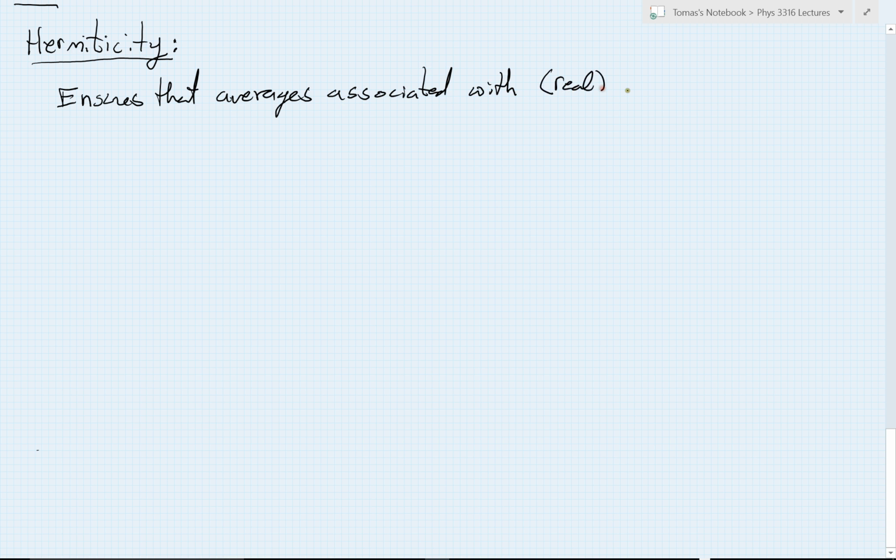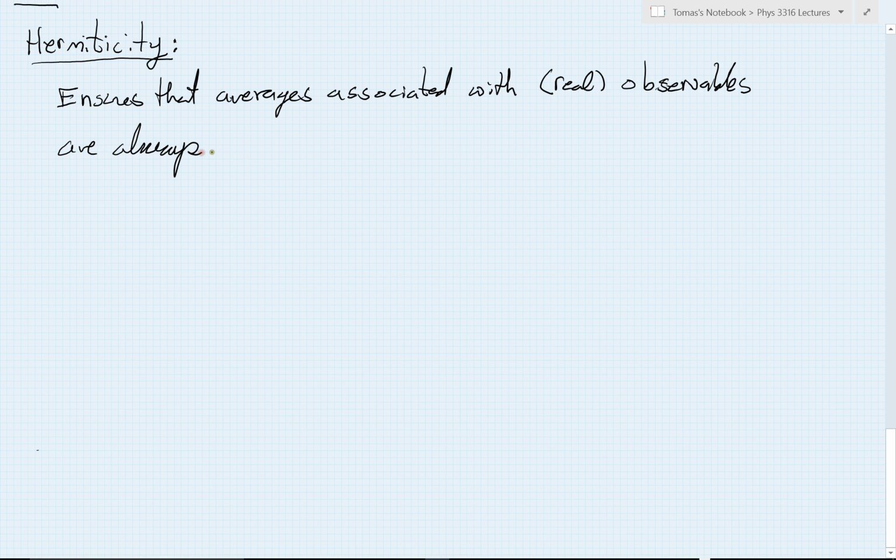I mean, sometimes we define somewhat abstract observables that might have complex numbers in them, but your typical observable doesn't. Your typical observable is momentum, is position. It's always a real number, and so the average of such an observable also should be real. So this is the property that ensures that those averages associated with the real observables are always real.